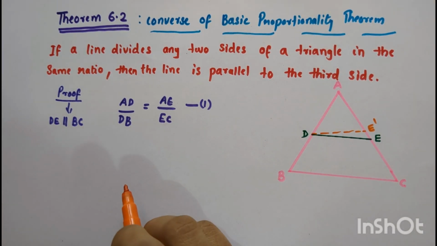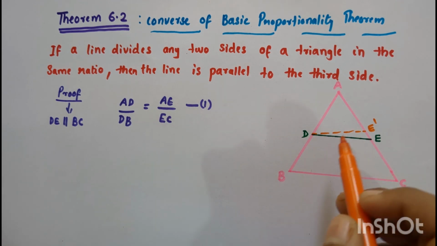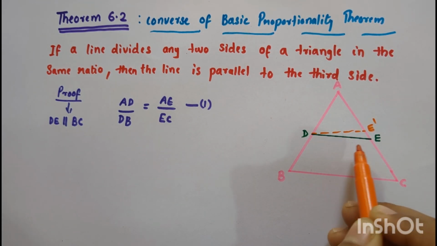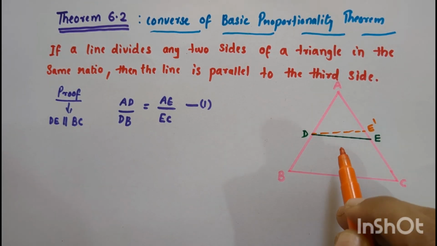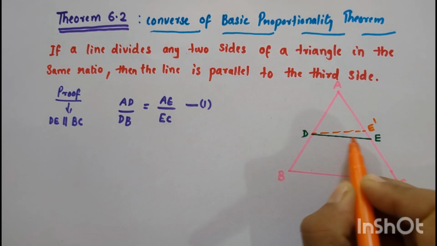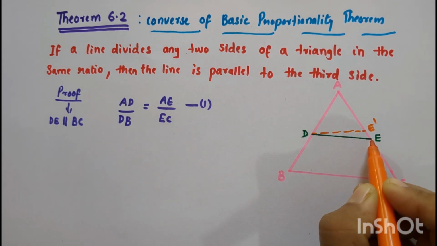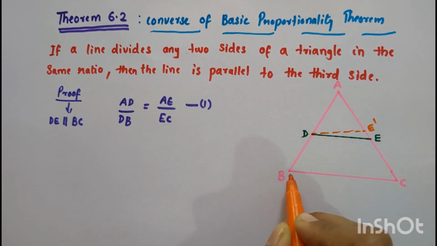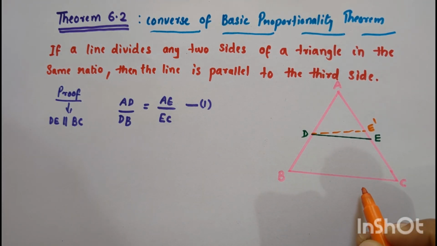To prove this, let us assume that this line DE, this green colored one, is not parallel to this side BC of the triangle.